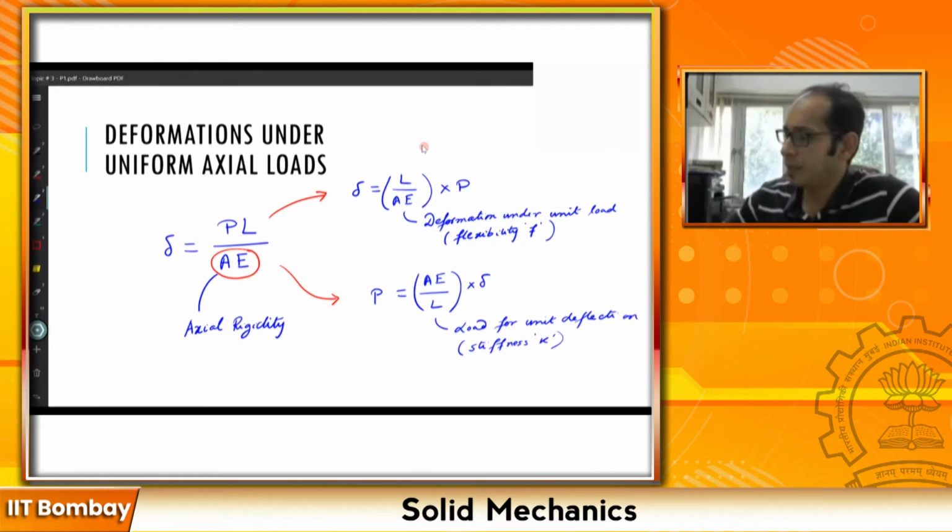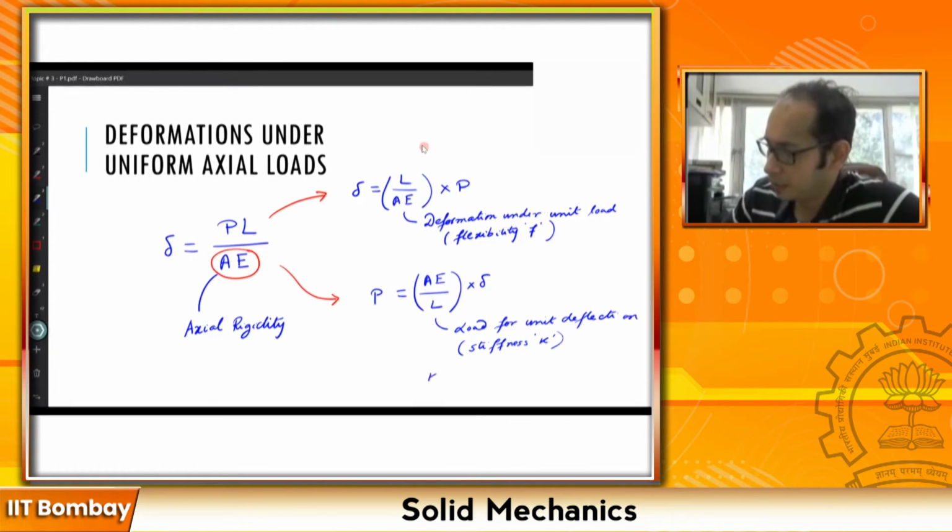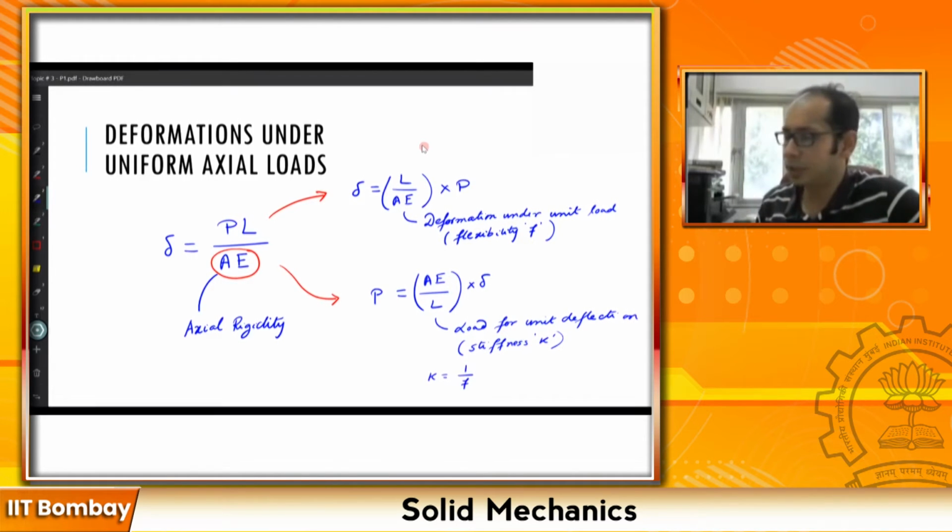So as you can tell, K is equal to 1 divided by F, right? So essentially stiffness is the inverse of the flexibility, right? In real life as well, someone who is stiff has an opposite nature compared to someone who is flexible, right?